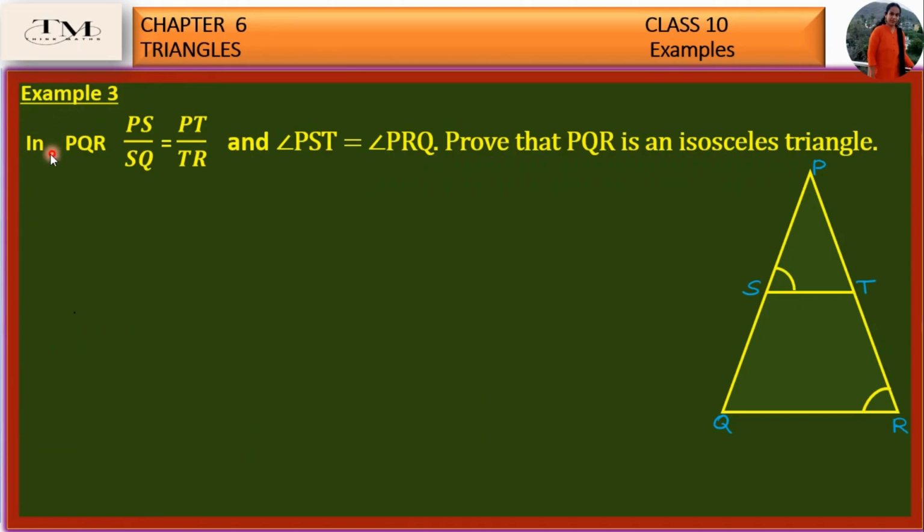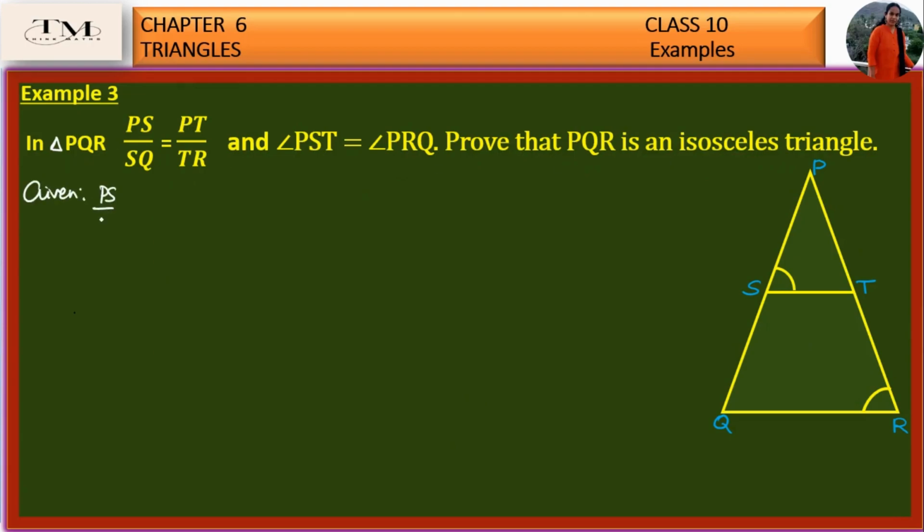Example 3, in triangle PQR. So this is the triangle PQR. PS by SQ is equal to PT by TR and angle PST is equal to angle PRQ. We have to prove that PQR is an isosceles triangle. So what is given in this triangle PQR?